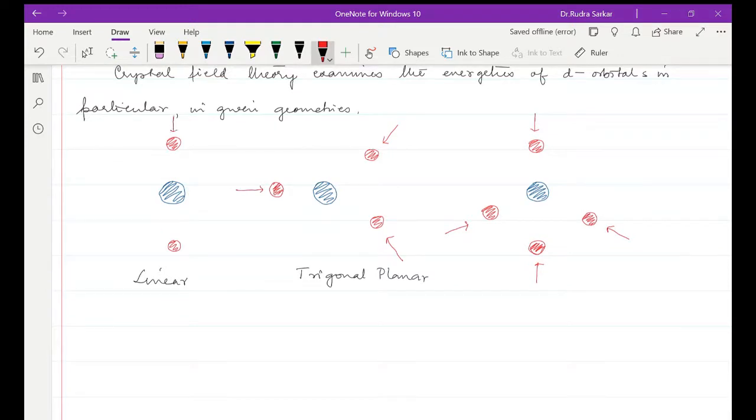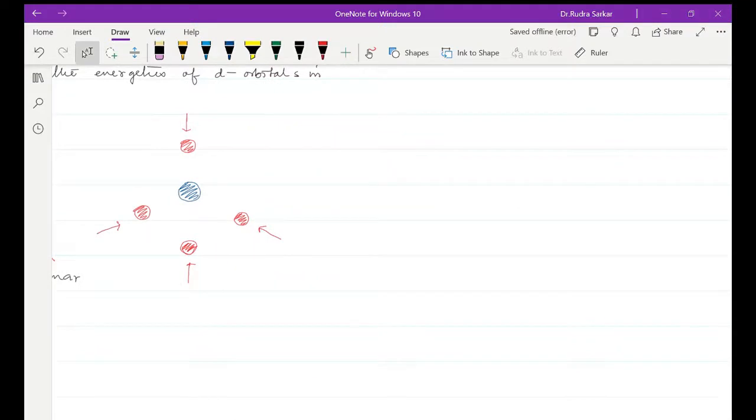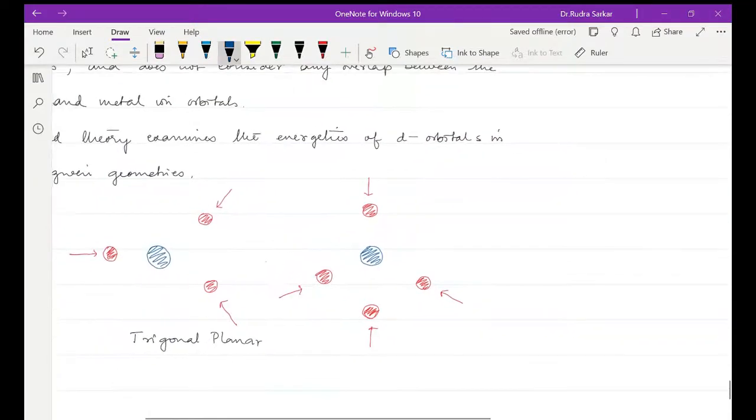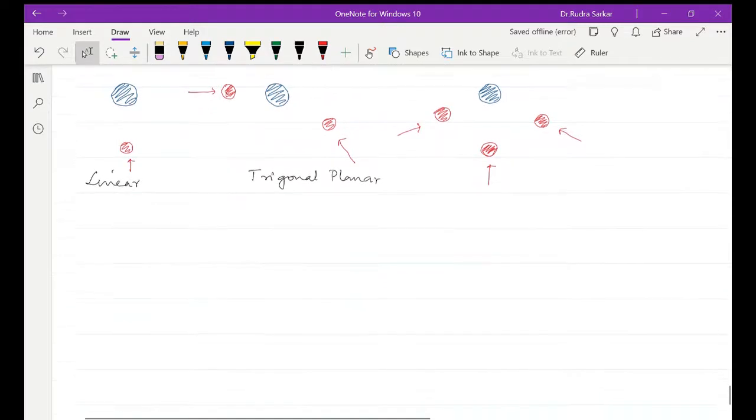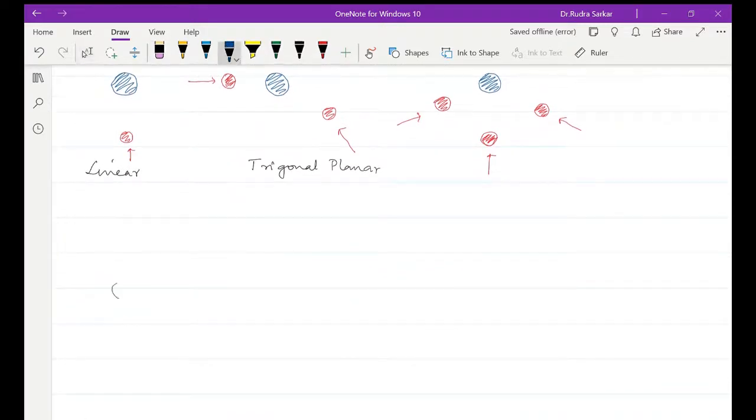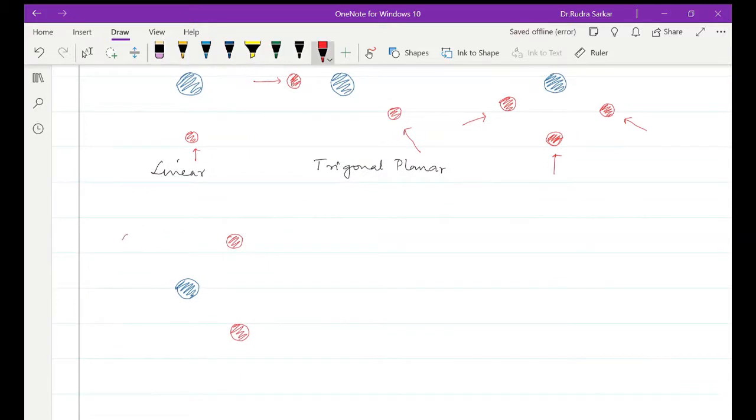All right. Or one can say that they are coming along the vertices of a square, okay, in this manner.